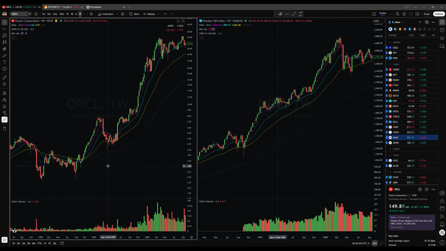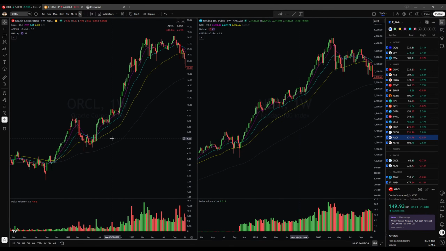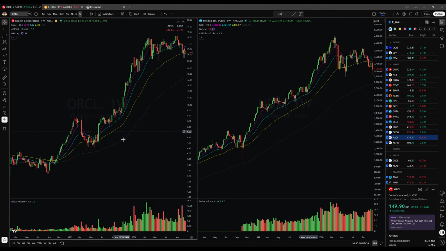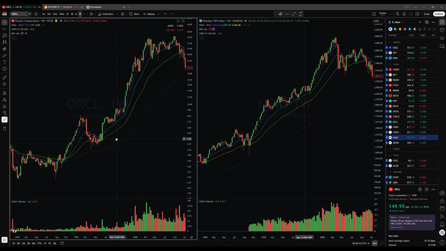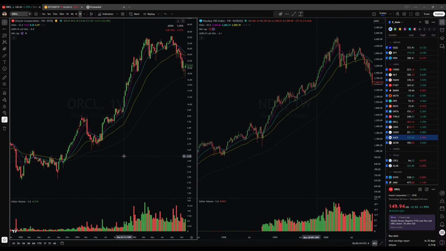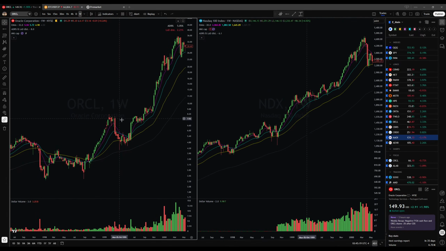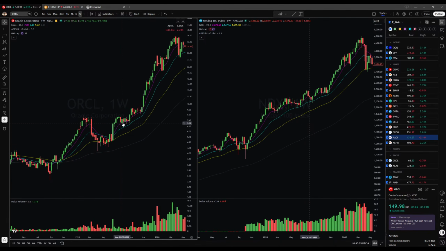So the next one is Oracle. I think this is also a pretty solid move in the last bit of the rally. It did show some weakness during this choppy period, but it found support on the weekly 50 and then gradually got a strong breakout and a really tight cup with handle pattern, and then we got a shakeout and a breakout.